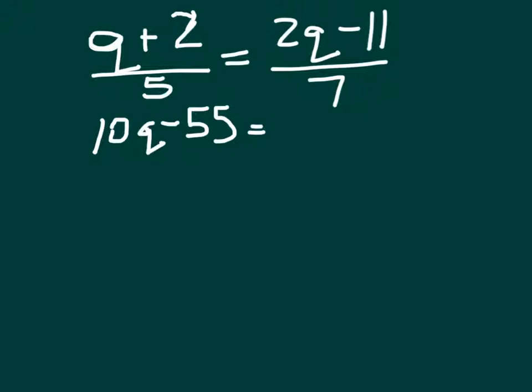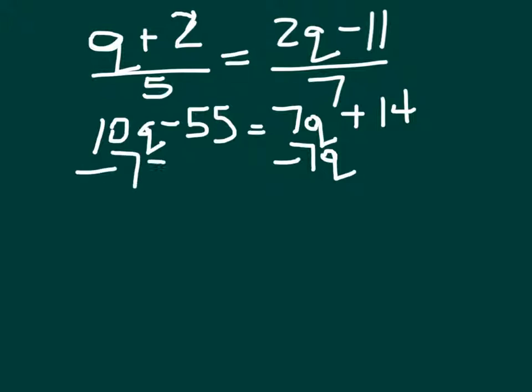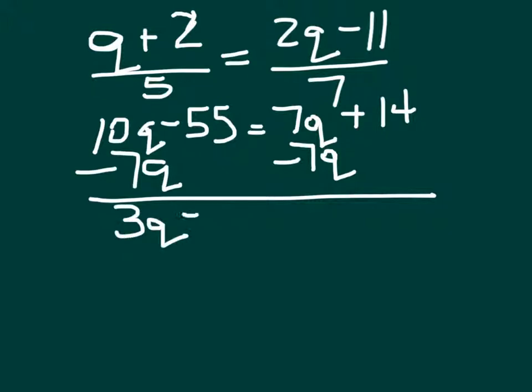7 times q is 7q, and 7 times 2 is 14. And now we've got an algebraic equation with the variable on both sides. So let's make sure we have the variable only on one side. We're going to go minus 7q, minus 7q, and that gives us 3q minus 55 equals 14.